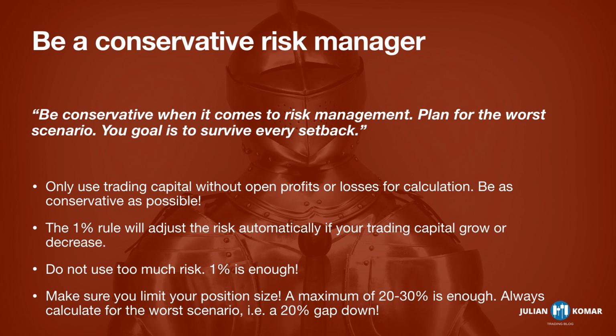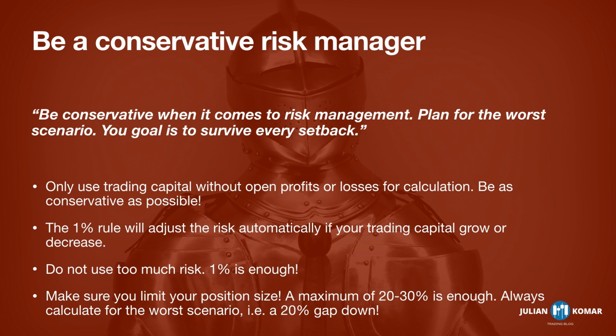And that means only use trading capital without open profits and losses. I already spoke about that a lot of times now in this video. And also this 1% rule, I showed you one slide ago, this percentage rule in general, will lead to an automatic risk adjustment when your capital grows and decreases.